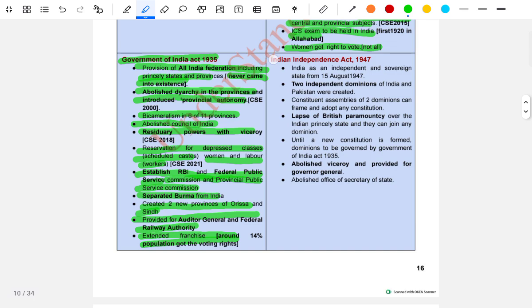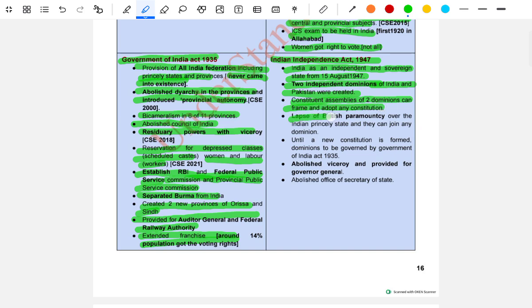The Indian Independence Act 1947. India became an independent sovereign state from 15 August 1947. Two independent dominions, India and Pakistan, were created. The Constituent Assemblies of the two dominions could frame and adopt any constitution.